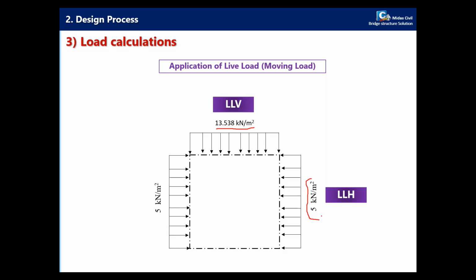The live load acting in the horizontal direction is calculated as the coefficient of earth pressure times the minimum value of the live load based on the code. So this is the value that we calculate, because K0 is 0.5 times 10, which is 5.